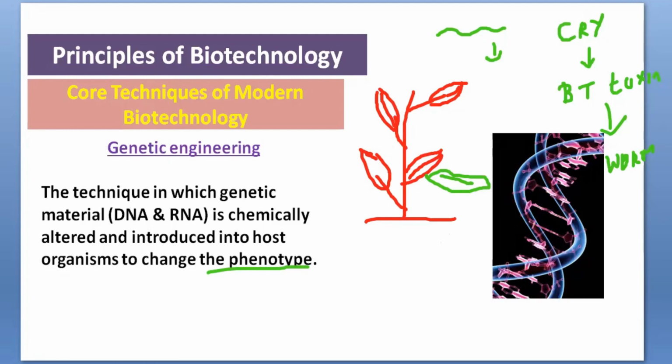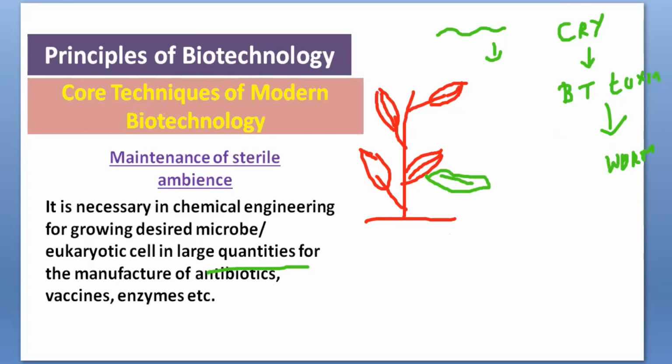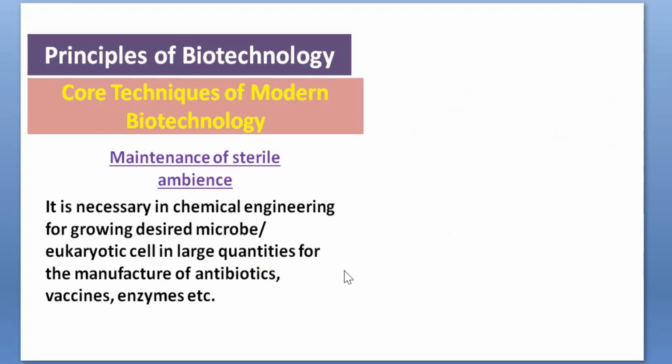And the second one, I said, is maintenance of a sterile ambience. This is very, very necessary in chemical engineering for growing our desired microbe. Because we have to grow only the desired microbe which has our desirable genetic material, and in large quantities in the case of manufacturing antibiotics, vaccines, enzymes, etc. So we have to maintain the sterile environment.